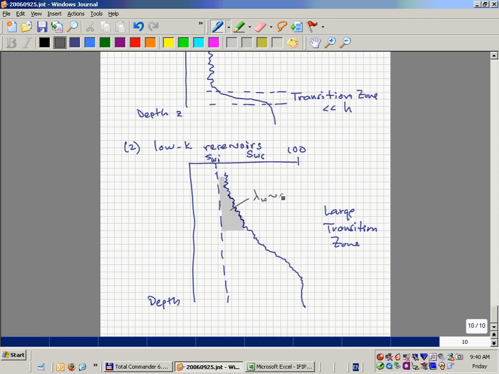If we put a well there, we produce it, we only get oil. Okay? And what I should say is really low K oil reservoirs. And we'll come back to why you very seldom get a very long transition zone in a gas. And I'll explain to you why here in a second.